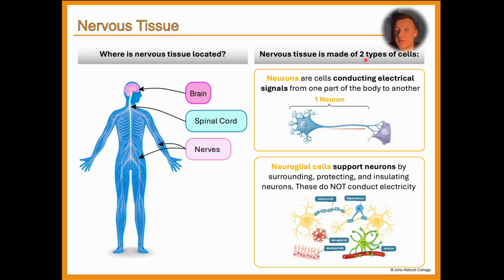And nervous tissue is made up of 2 types of cells. We have neurons. These are the cells that conduct electrical signals from one part of the body to another. So this is one neuron talking to another neuron that's been cut off here. And so it'll receive a signal over here, maybe on the ends of your finger. And it receives the signal and then it transmits that through a long process over here.